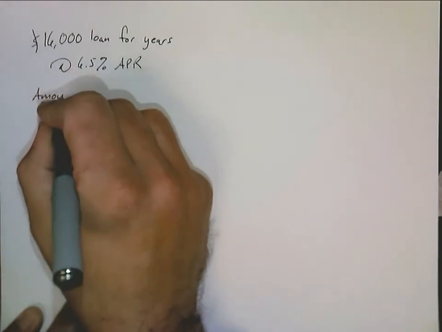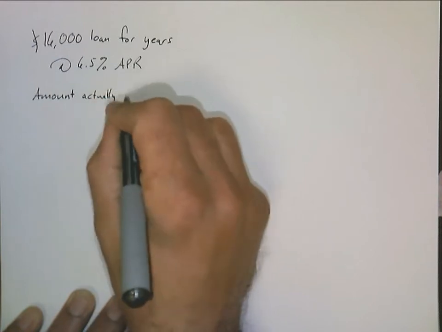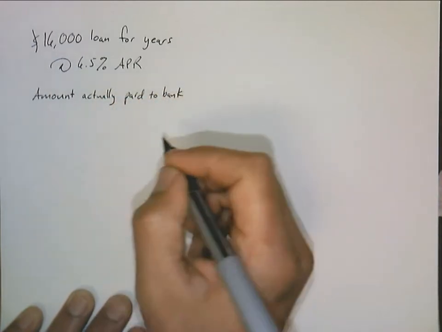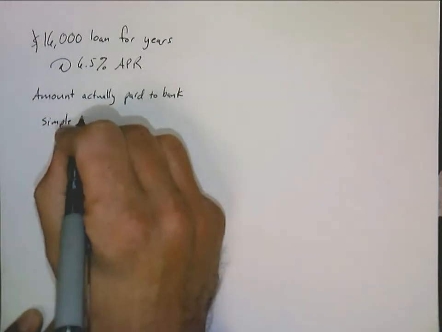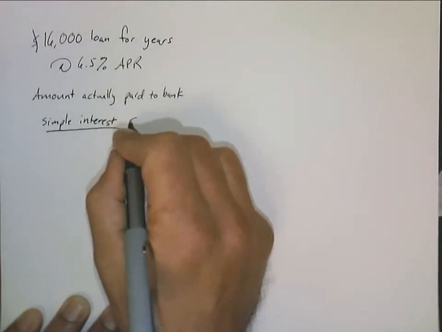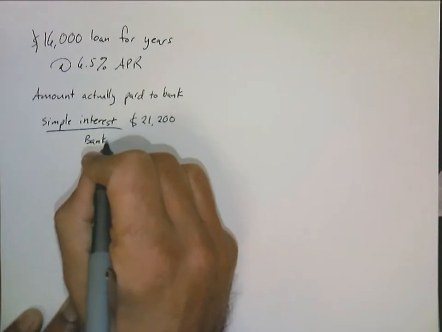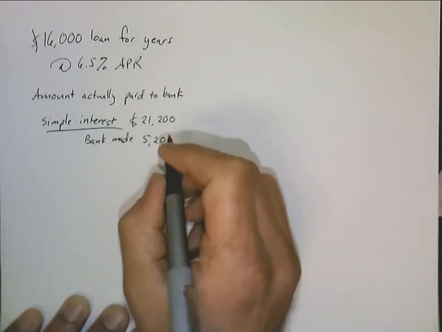The amount we actually have to pay to the bank, well, for the simple interest, again, that was $21,200, which meant that the bank made $5,200.